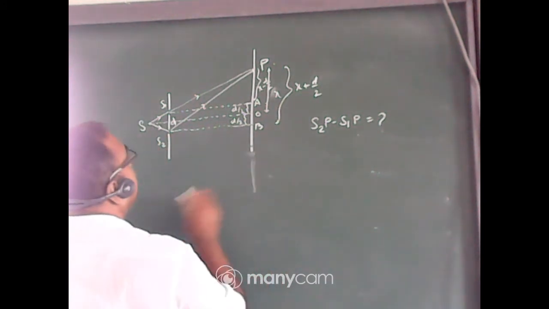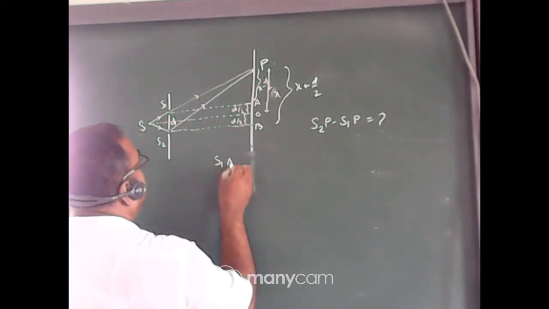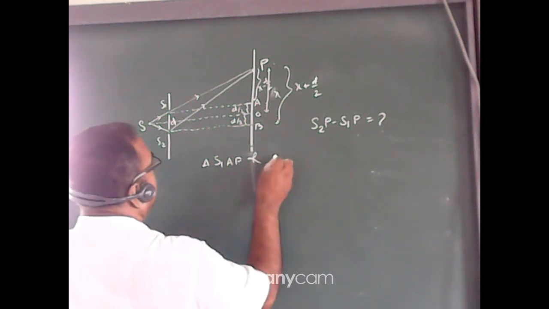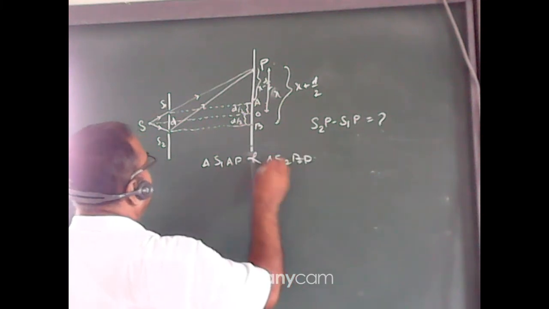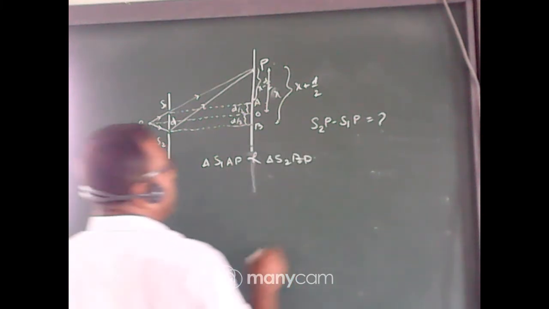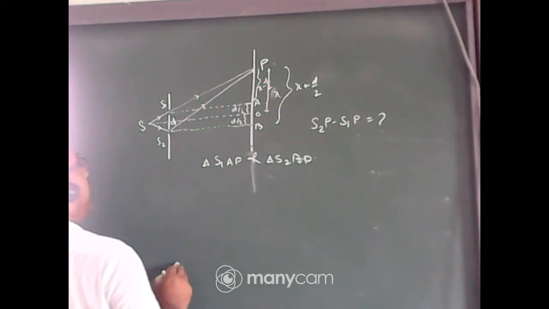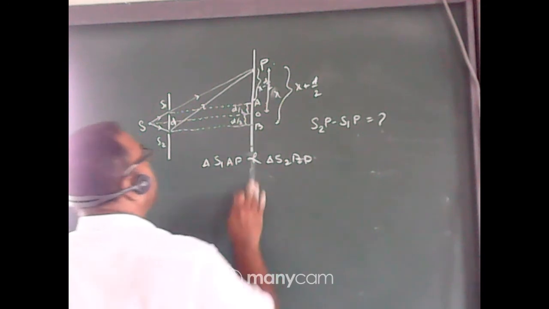You check it. S1AP and S2BP are two triangles, both are right angle triangles. So S1P and S2P both are the hypotenuse of those triangles.